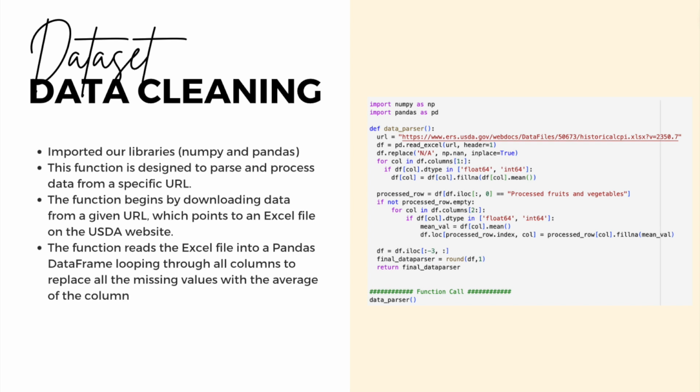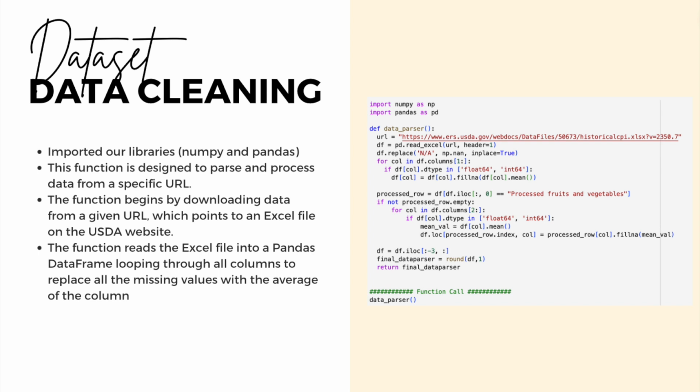For the data cleaning of our data set, we took data given from a URL which points to an Excel file hosted on the USDA website, and using pandas, the function read_excel put the file into a pandas data frame. The code then identified rows corresponding to processed fruits and vegetables which were filled with missing values, and replaced all of these occurrences with the mean of the column.